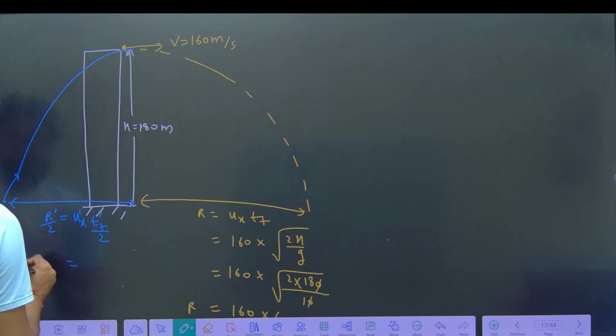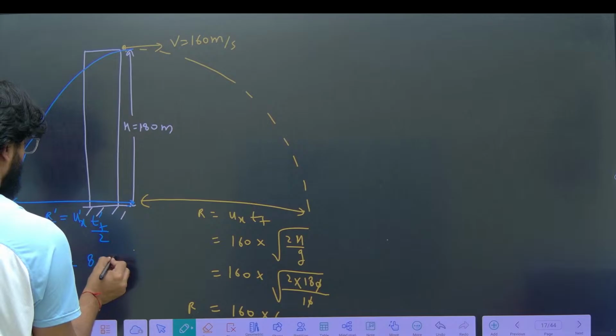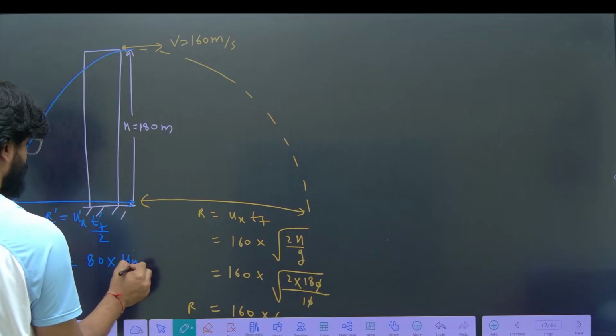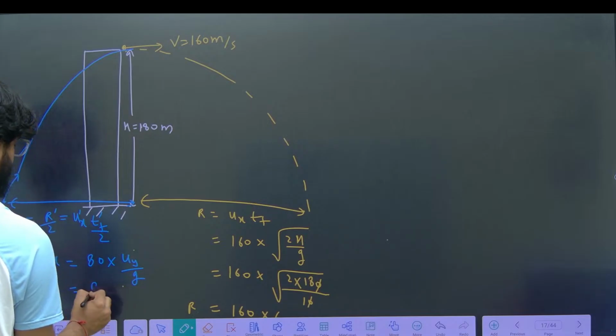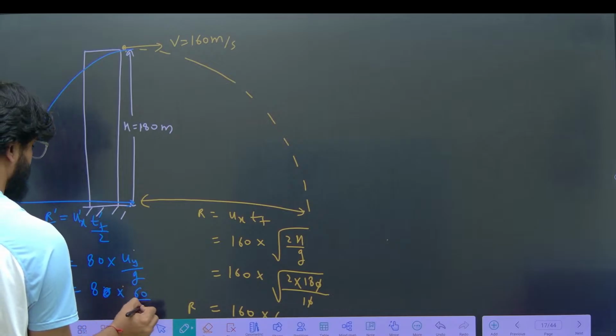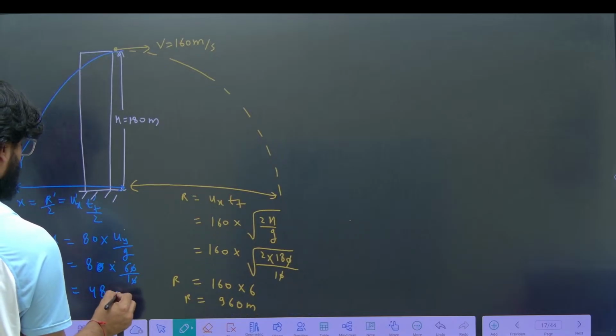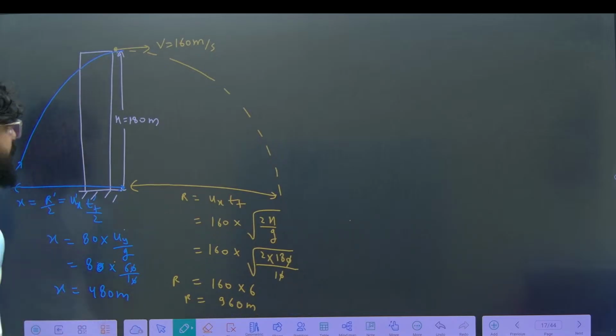Oh lord. So x equals 80 into u y by g, 60 upon 10, so 8 6s are 48, so 480 meter. Okay, so this is x, that is r.